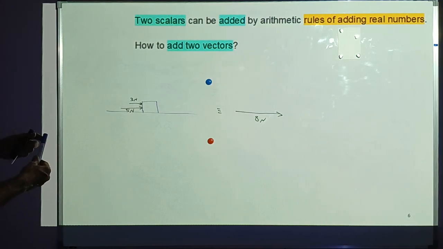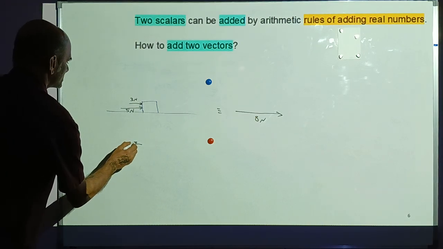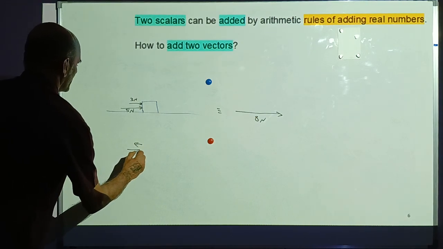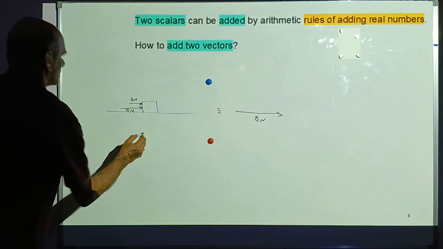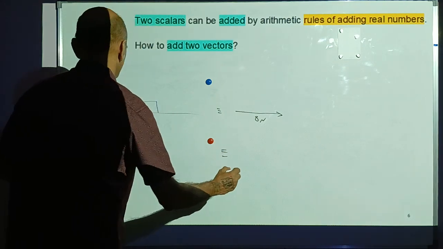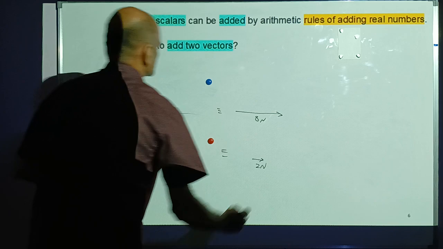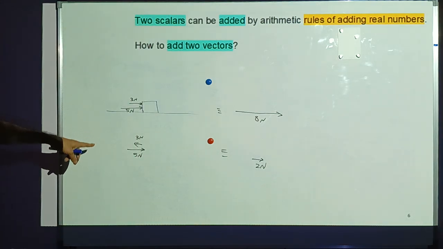But suppose you reverse the direction of the second force 3 Newton and apply the force like this in the opposite direction, but the 5 Newton is like this. Then I can expect the net force to be of 2 Newton towards right. They are opposing each other, so we can expect them to subtract.